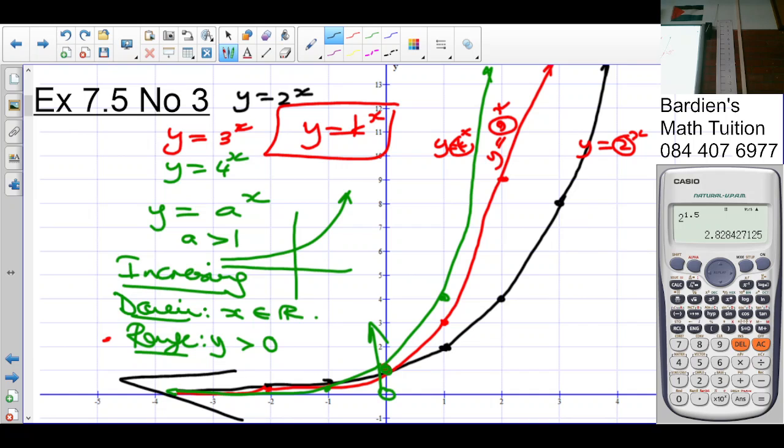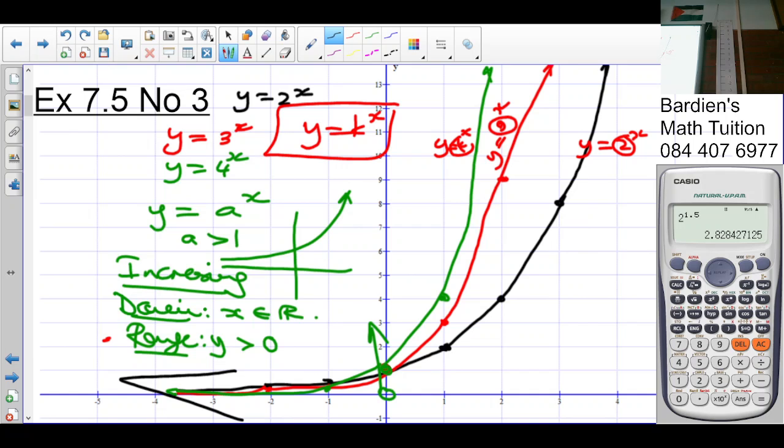The curve drawn approaches the negative x axis. So one answer is negative and the other is the x axis. What is the equation of the asymptote? Y is equal to 0, which is the x axis.